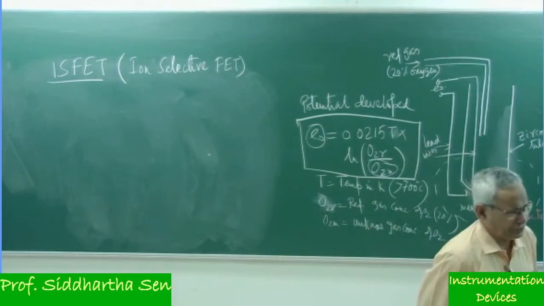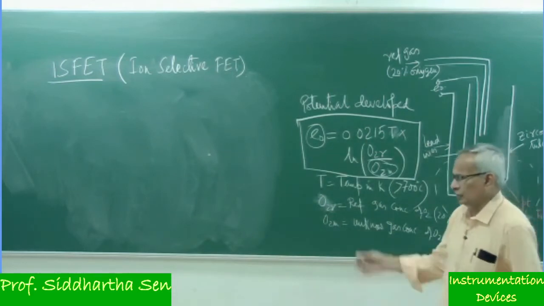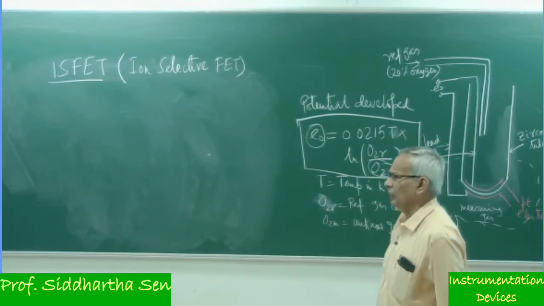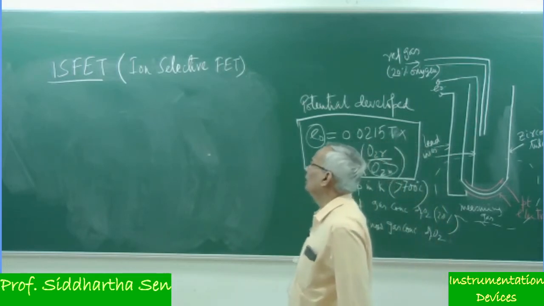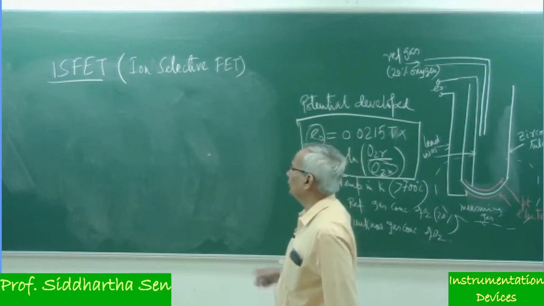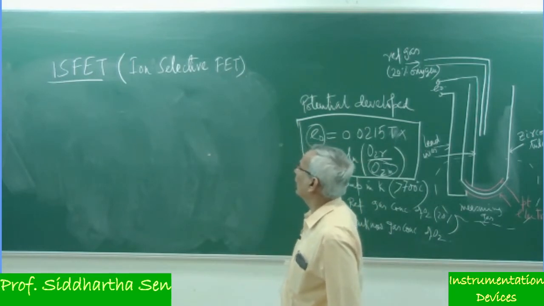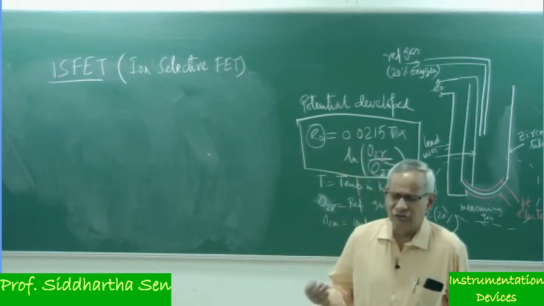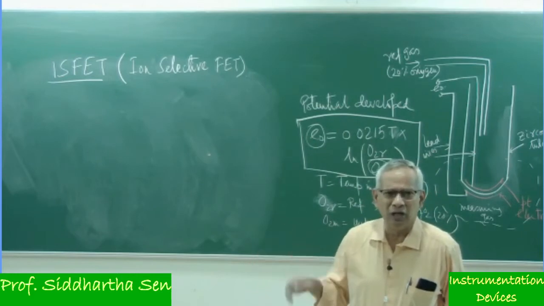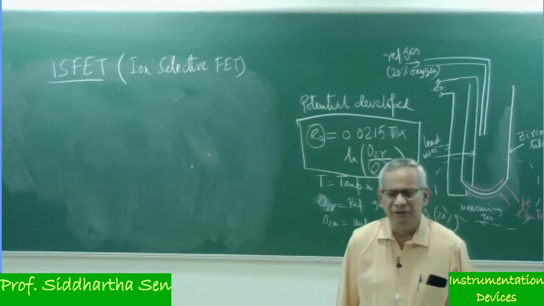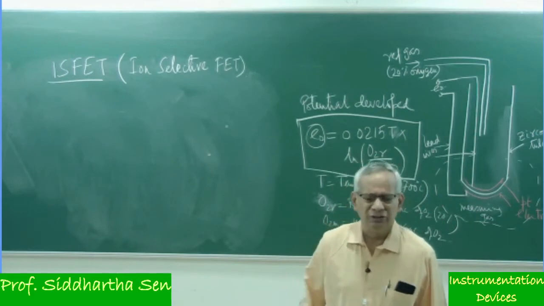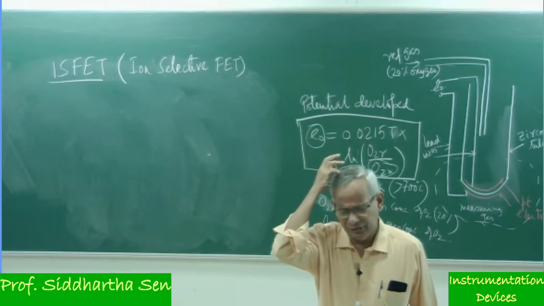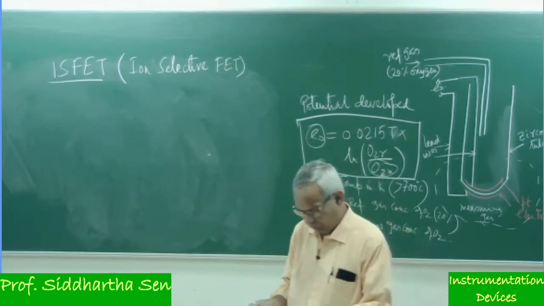It is a general name, so it could be hydrogen ion or some other ions also. Constructionally it is very close to, rather it is primarily, a field effect transistor. This field effect transistor gives you direct electrical output.